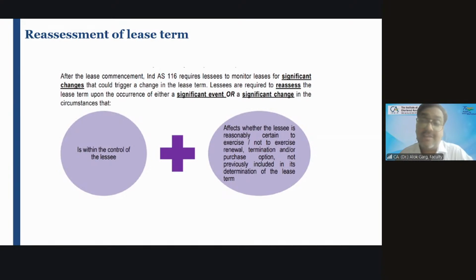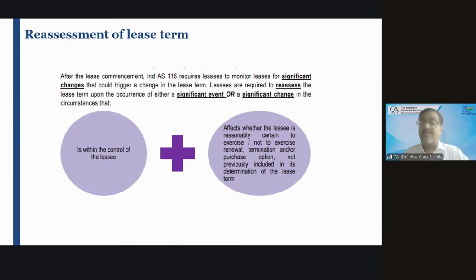So in the second year, there are circumstances and facts telling you that now you are going to avail the renewal option, right? The standard says that if there is a significant event or significant change in circumstances, you need to reassess your lease term. For example, at the commencement date the non-cancelable period is 5 years, the optional termination period is 3, and the optional renewal period is 3 years.